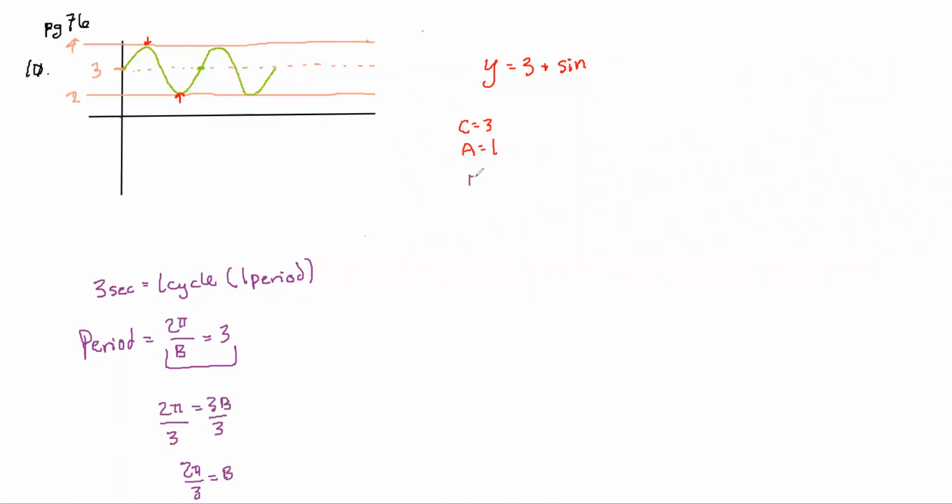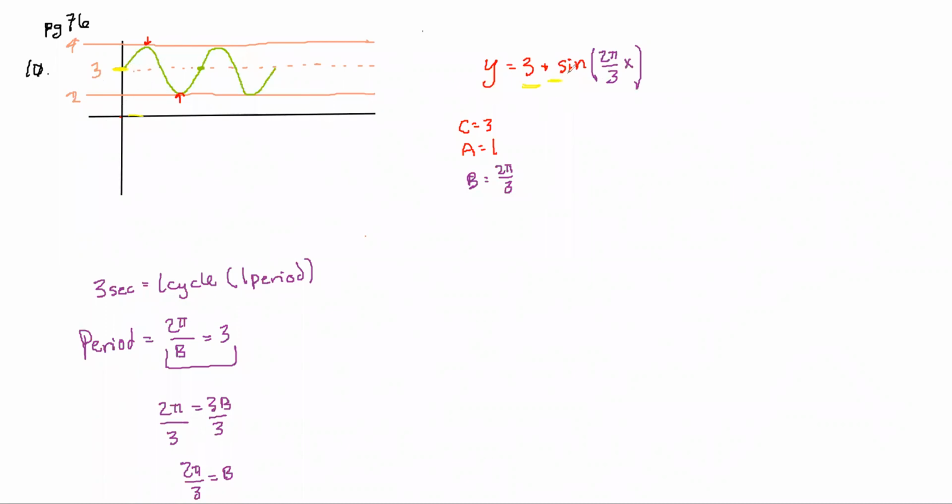So if I say b is equal to 2 pi over 3, then this would be the sine of 2 pi over 3 x, or theta, or whatever. And I would be able to verify looking at this little sketch that I drew. I have 3 as c, so this is where my vertical shift is going to be, because I'm shifting from this middle line, this 0 line, all the way up.